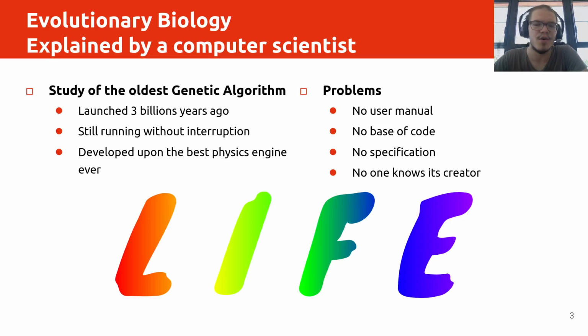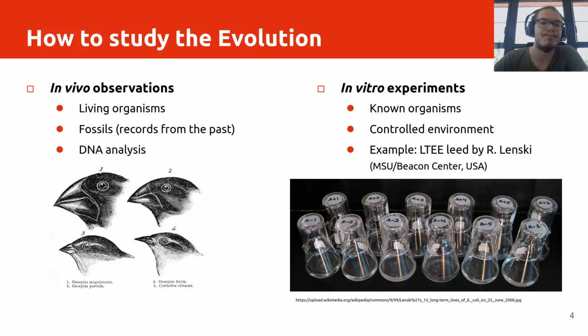Because of all these unknowns, researchers are trying to retro-engineer life to build its user manual. To do so, there are different ways. In vivo observation, like Darwin or like paleontologists with fossils and analyzing the DNA, it means the genome of the organisms.